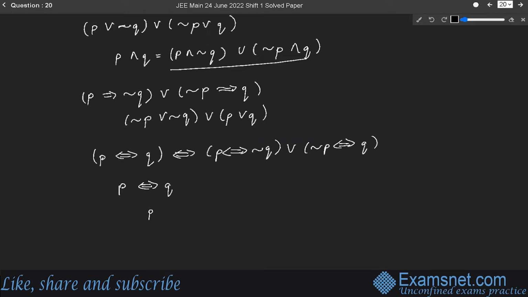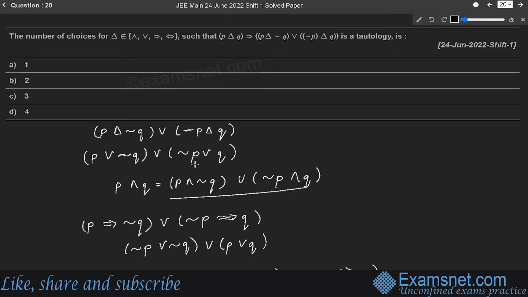Then P will be the negation of Q, and this will be another condition. Both these conditions will be false. Hence we can say that X cannot be a tautology. So for two possible cases or choices, X is a tautology. So we can say that the correct option here is option B, which is 2.